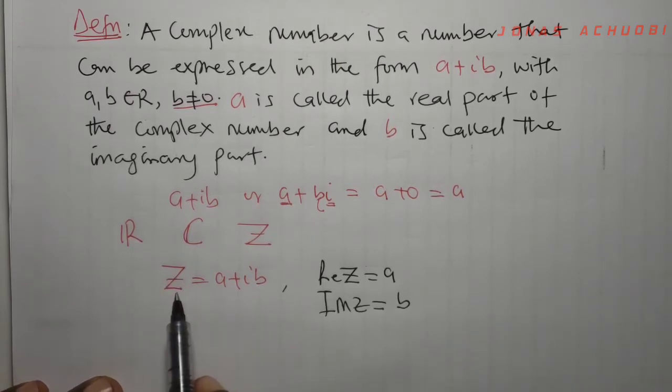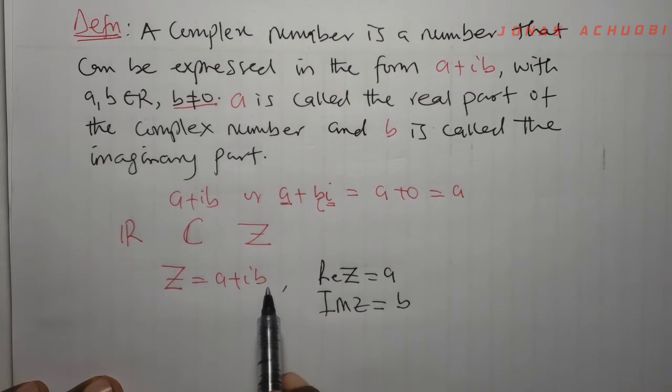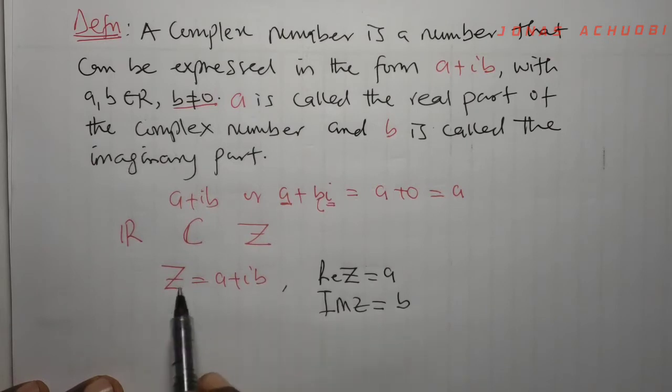So Z is a complex number, A plus iB, and you now know why it is called a complex number. This complex number has two parts, the real and imaginary part. So the real part of the complex number Z, which we denote as Re(Z), is equal to A, and the imaginary part of the complex number Z is denoted as Im(Z) equal to B.